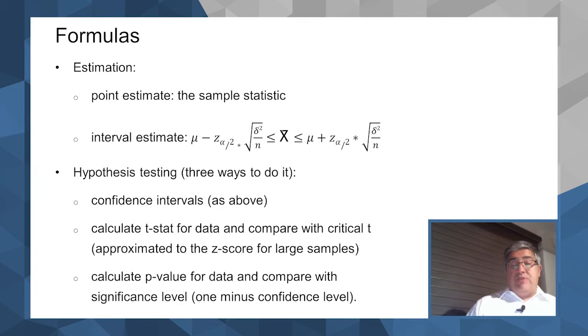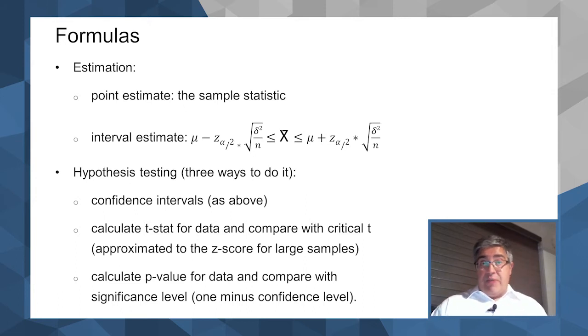Now, with hypothesis testing, we can do exactly the same, a confidence interval, and then check whether the hypothesized value is included in the interval. We can also do the t-stat calculation for the data and compare with the t-critical.